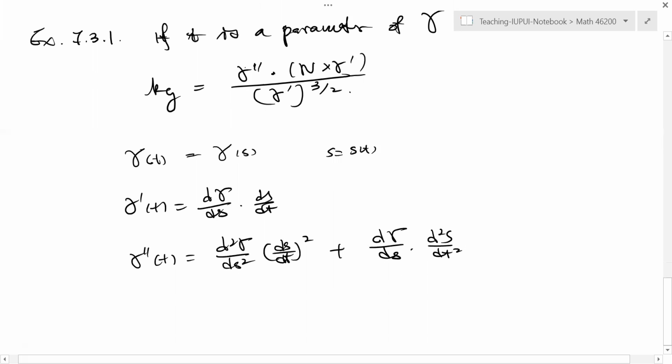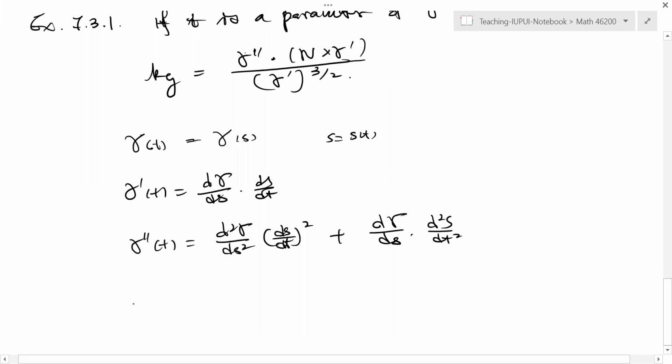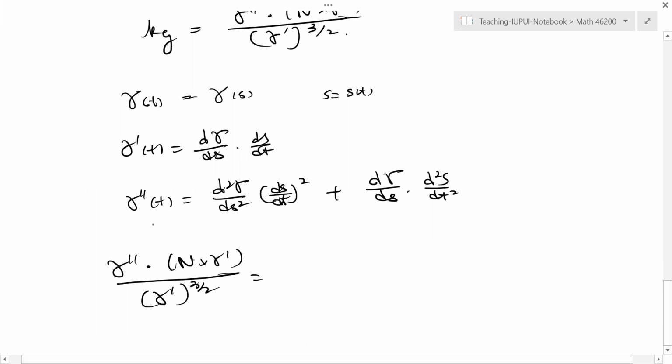So now let's take a look at gamma double prime. Here we actually use t, so let's put t here.